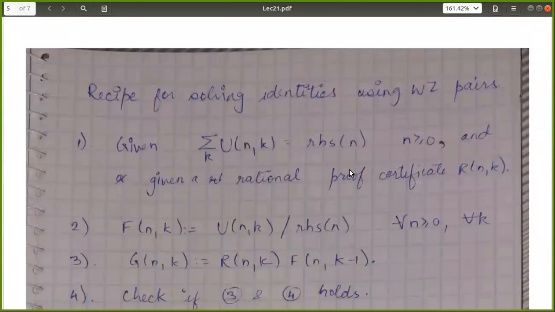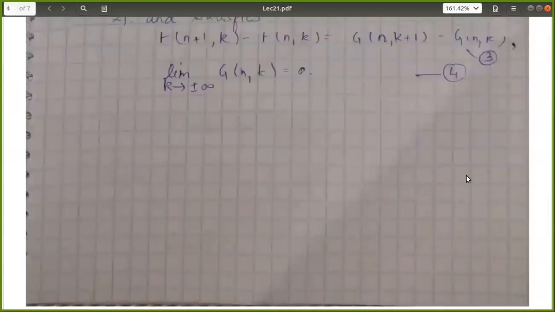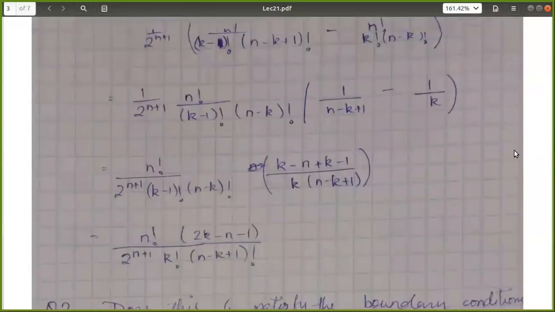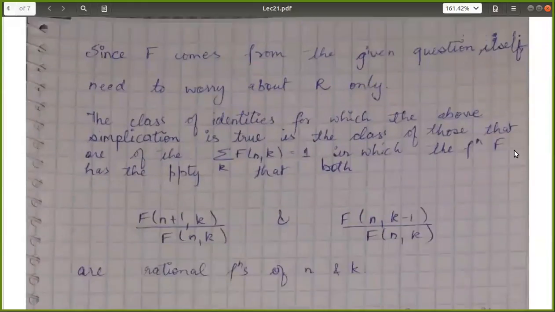So let's see the recipe for solving identities using WZ pairs. It is more or less the recap of what we did. Given something like this and a rational proof certificate R(n,k), you come up with a G and do the rest of the things.